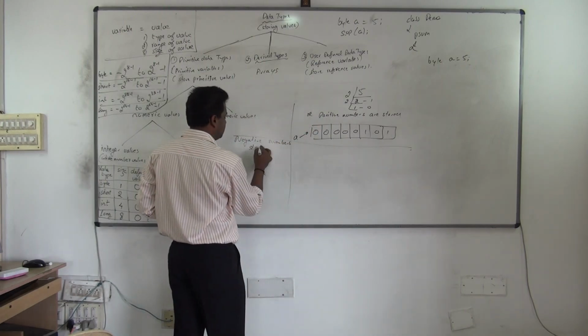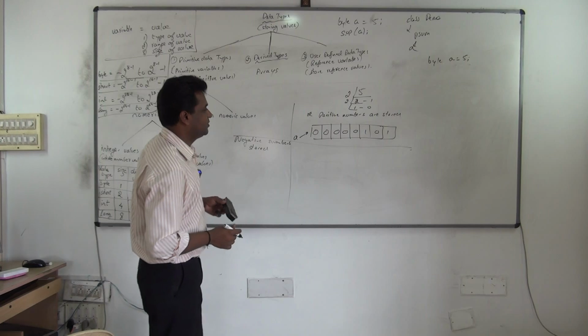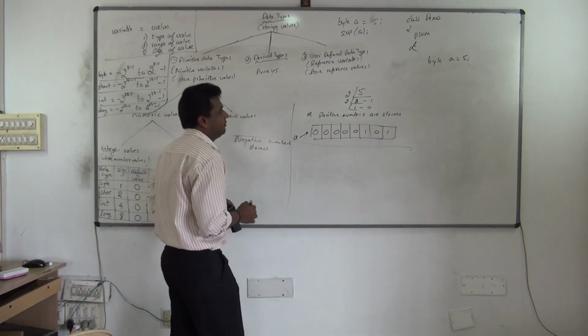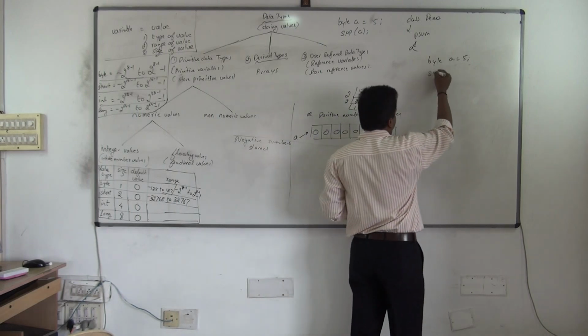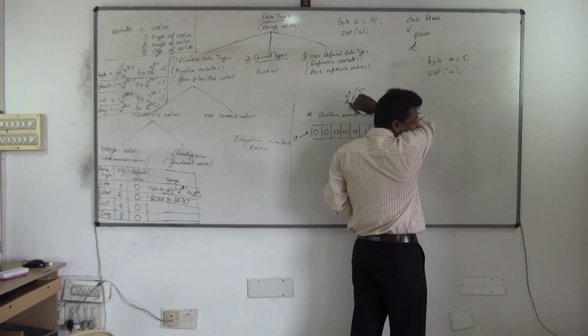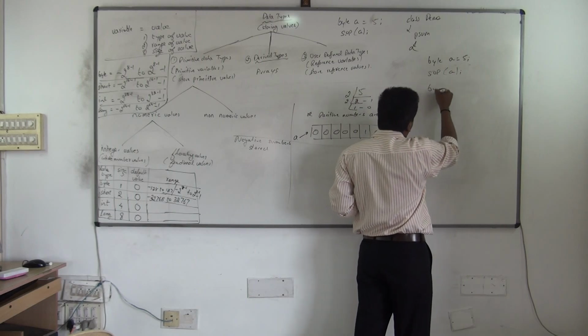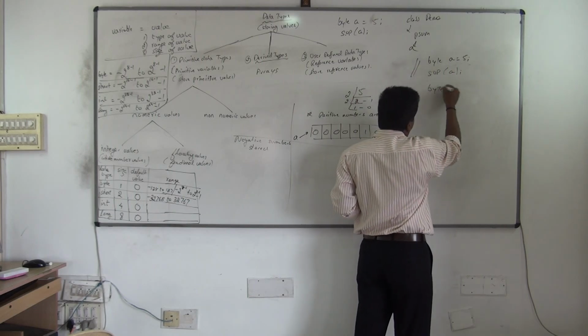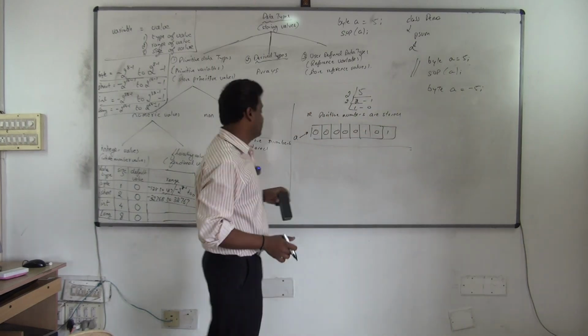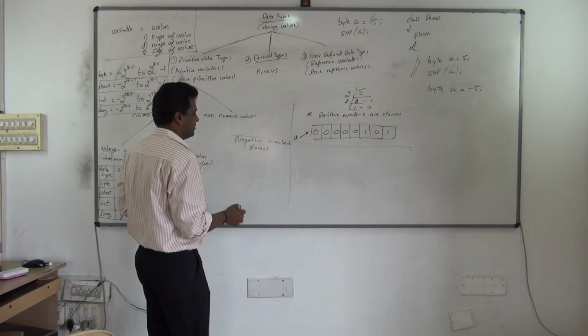How are they stored? Same way, and if I print it with SOP, it prints fine, no issues. But now I'll comment all this out and say byte A is equal to -5. How is it stored?